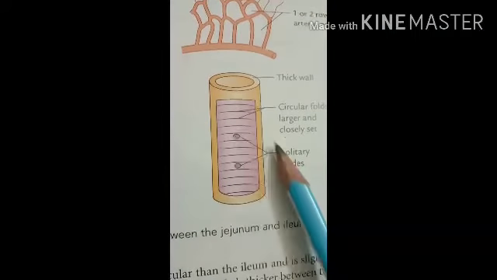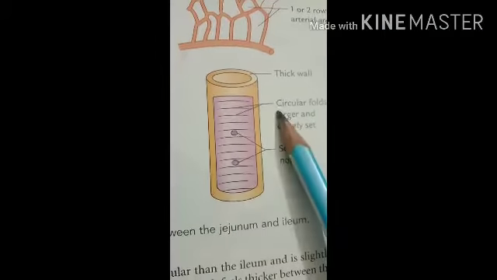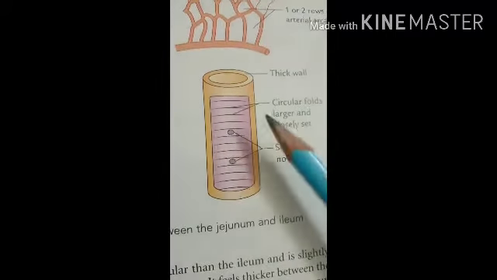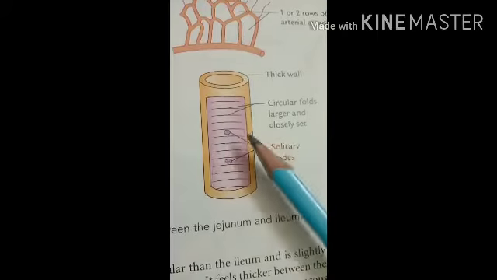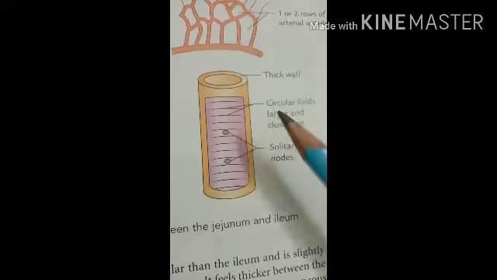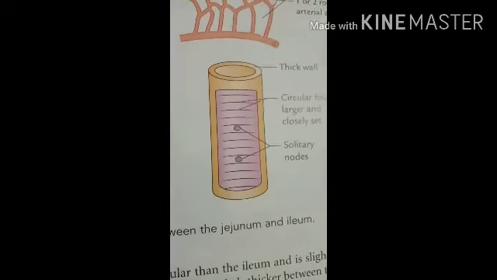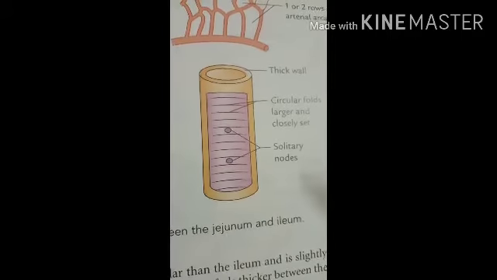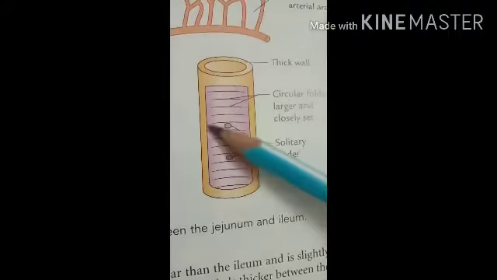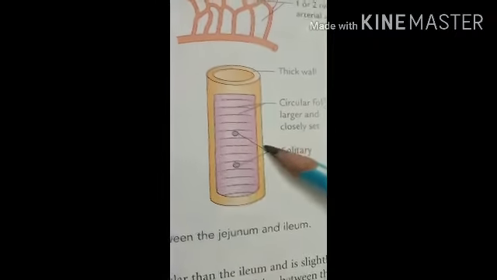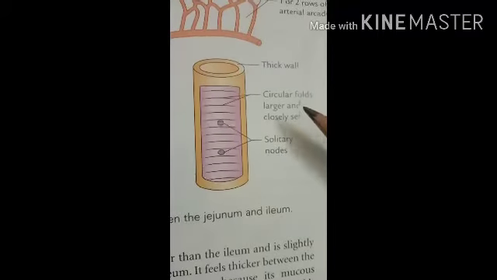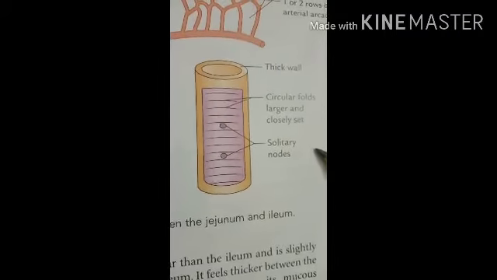In the jejunum they are larger and more closely placed, and in the ileum they are smaller and sparse. Okay, then the intestinal villi. These are large, thick and more abundant in the jejunum, and in the ileum they are shorter, thinner, that means finger-like, and less abundant.